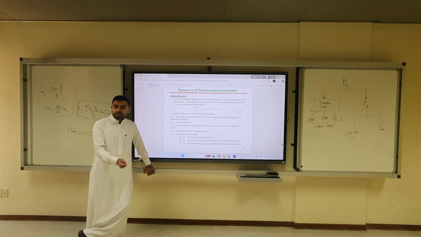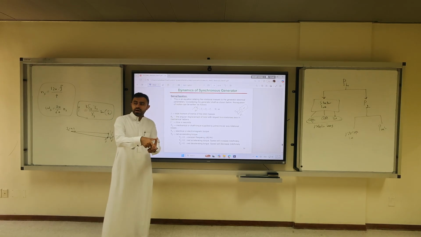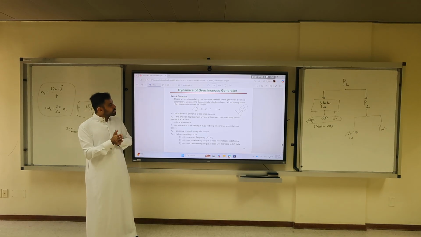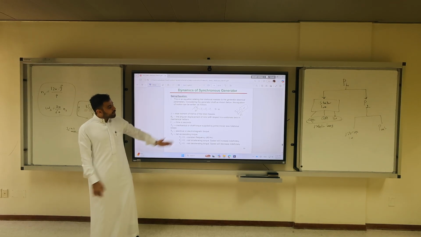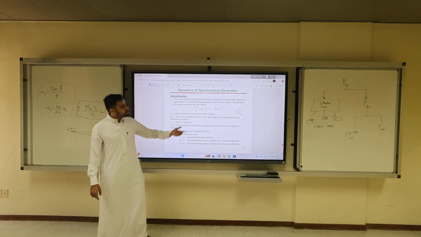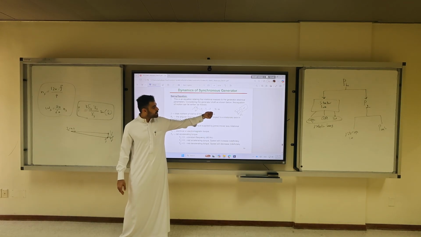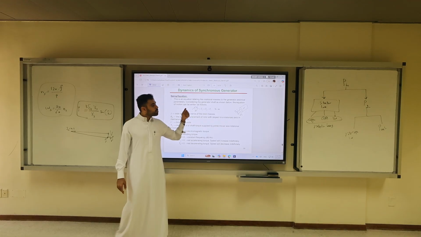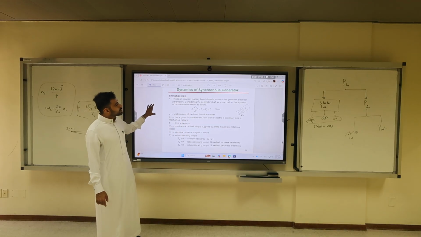Not all shafts can be connected to a torque meter. So instead, how about finding another equation where I relate mechanical power minus electrical power with another quantity? This is what we're going to do in the dynamics of a synchronous generator.